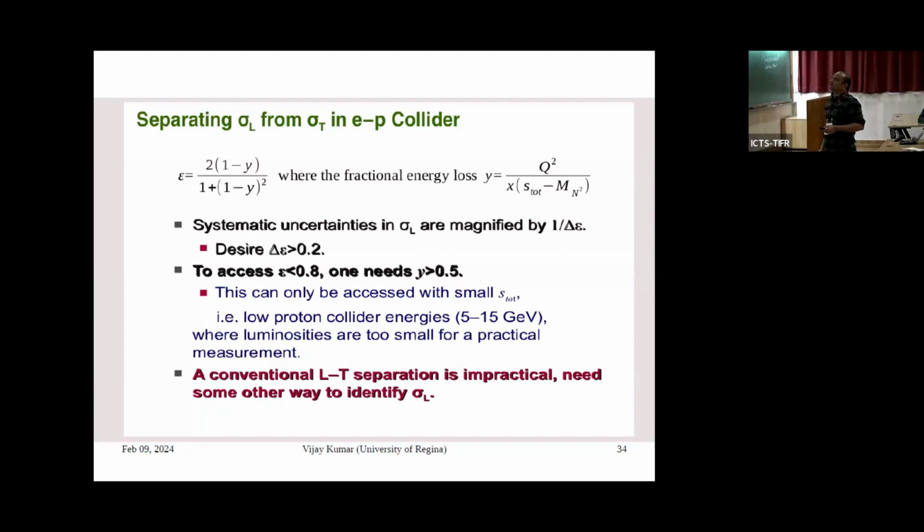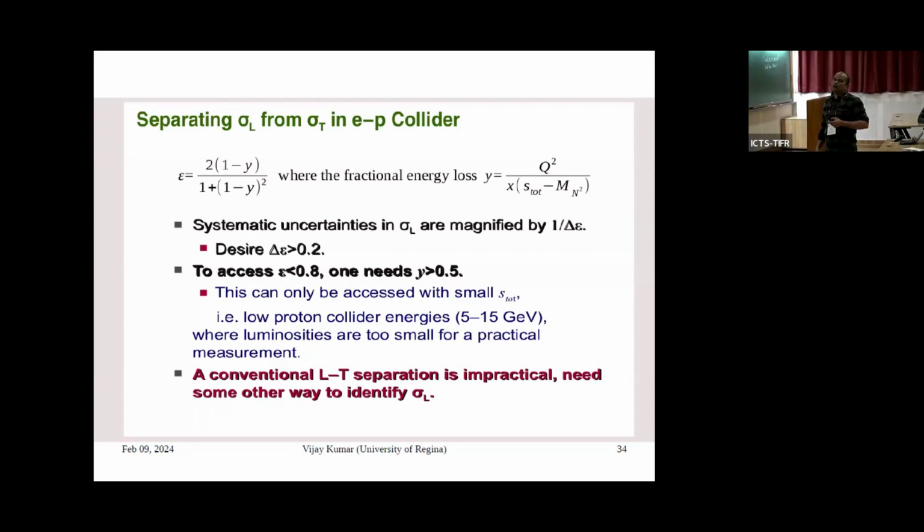You're saying even if you run the EIC at lower energies, you can't do that? Yes. Other conditions are also involved with this energy, so that will not be fulfilled, because we will have this exclusive reaction, right? So for the exclusive purpose, other conditions also are required to be fulfilled.